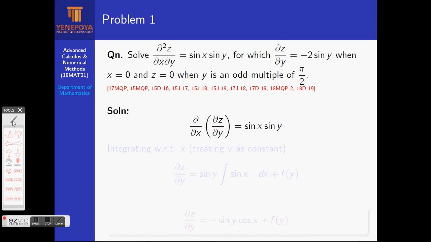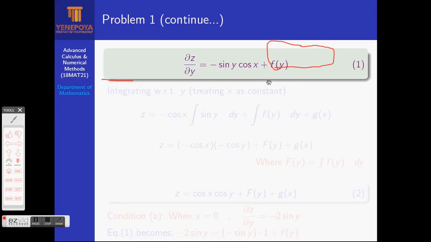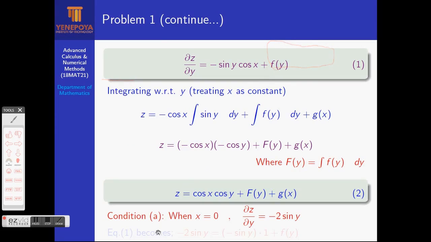Next, look at condition number 1. When x = 0, ∂z/∂y = -2 sin y. Substitute this in equation number 1.